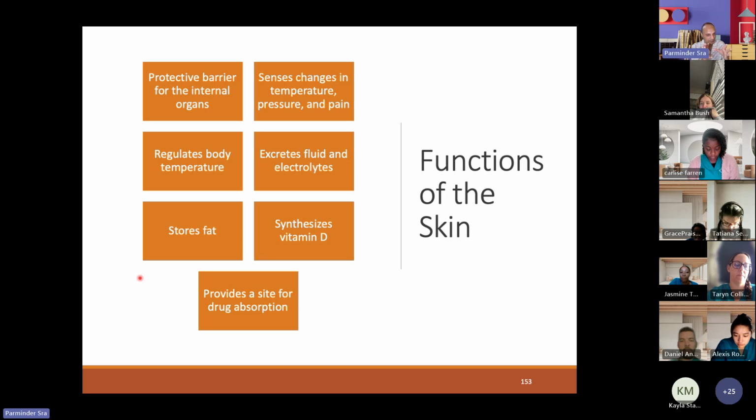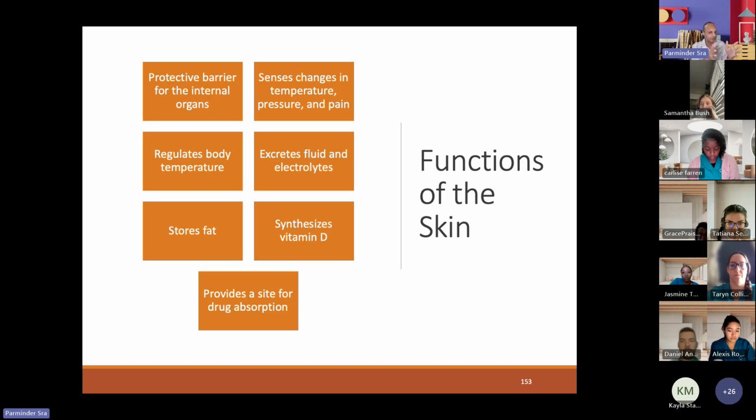These are common functions played by skin. It's made up of two layers, the dermis and the epidermis. The outer skin layer, your epidermis, is composed of 4 layers: stratum corneum, stratum lucidum, granulosum, and stratum germinativum.